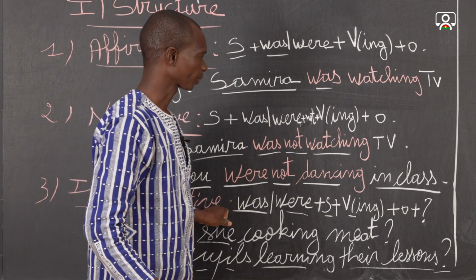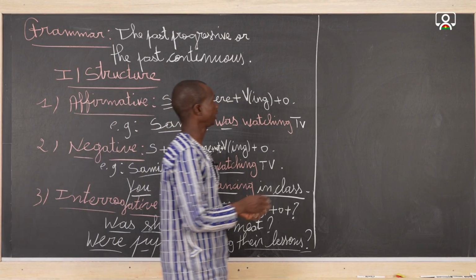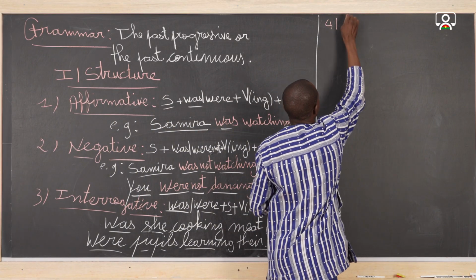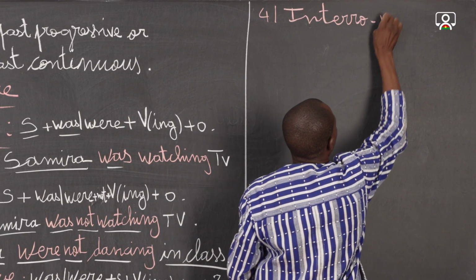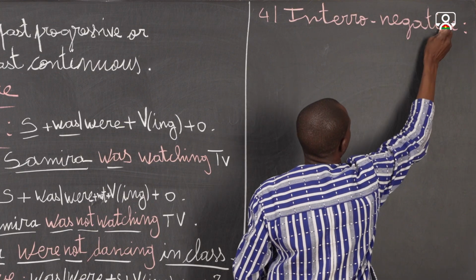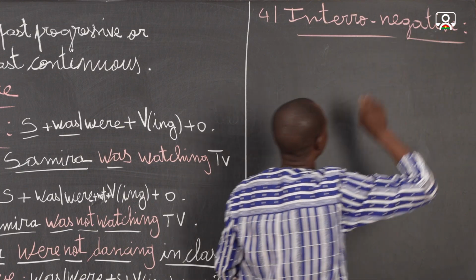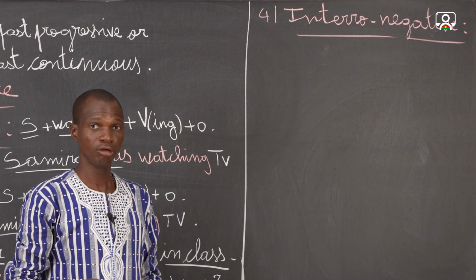Okay, now we are going to deal with the interrogative negative form. Number 4, interrogative negative form. With the interrogative negative, we have two possibilities as with the other verbs.